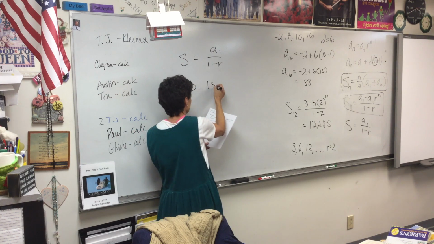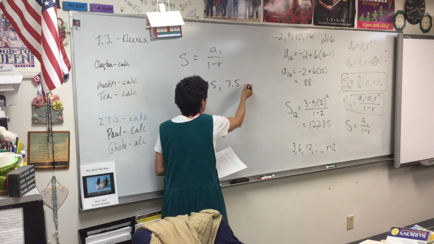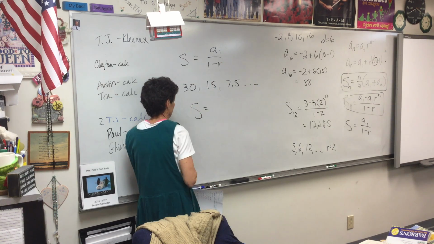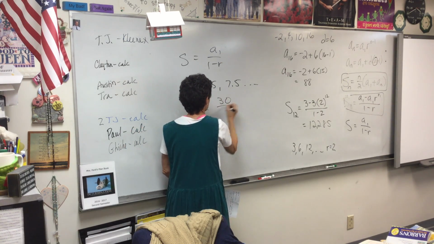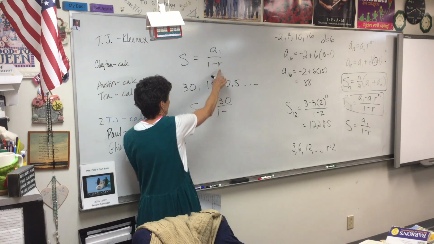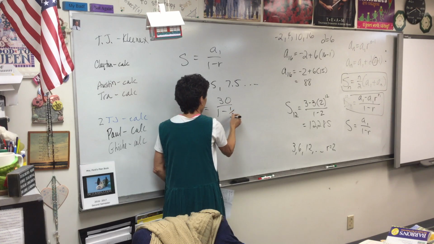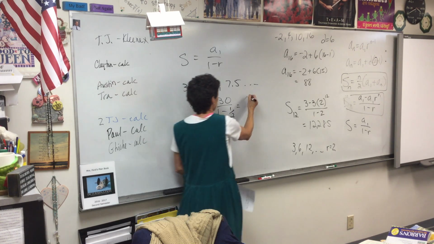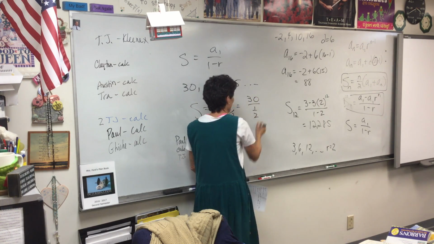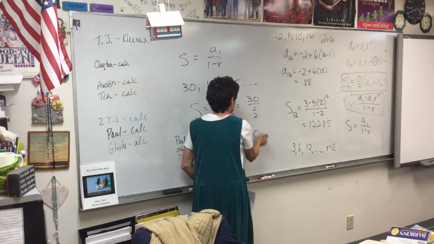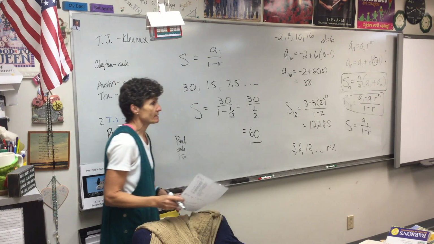And here's your series. What's a sub 1? 3. What's the ratio? How are we getting from term to term? 1/2. So we have 30 divided by 1/2, which is 60. So the answer to the question is 60.